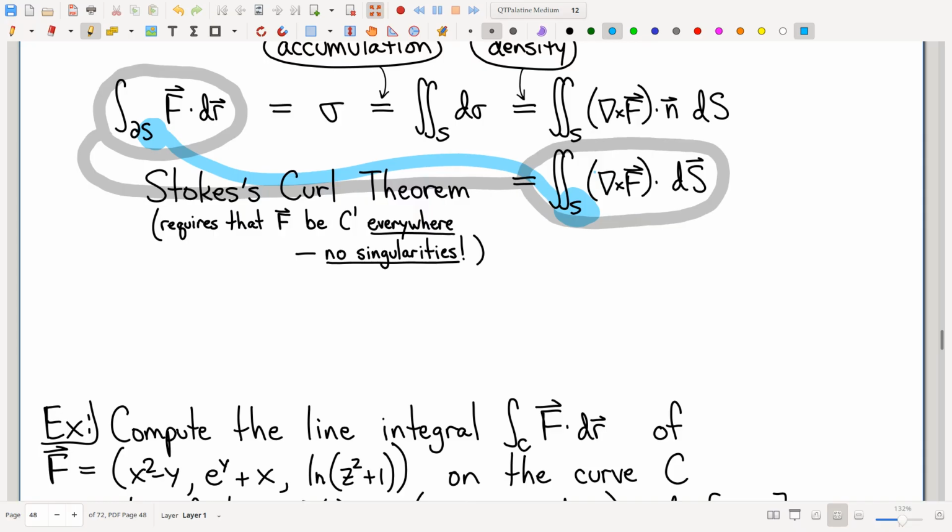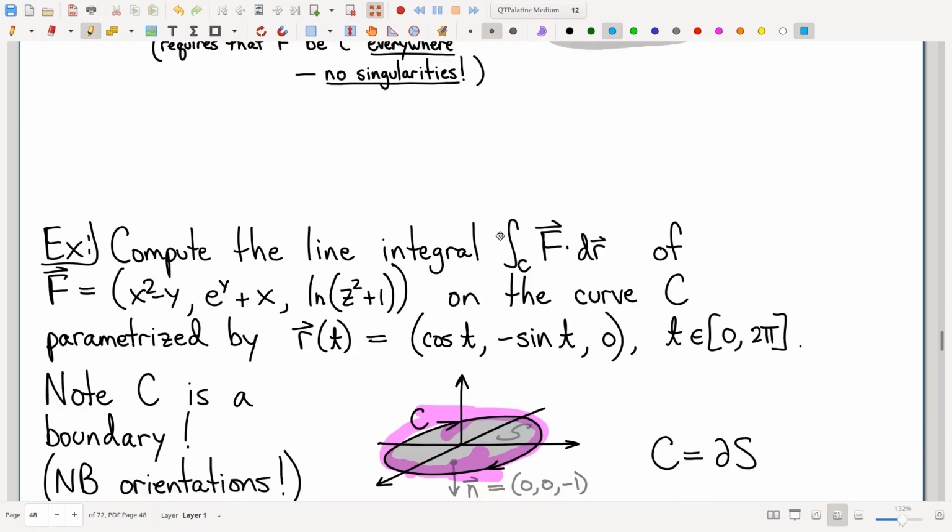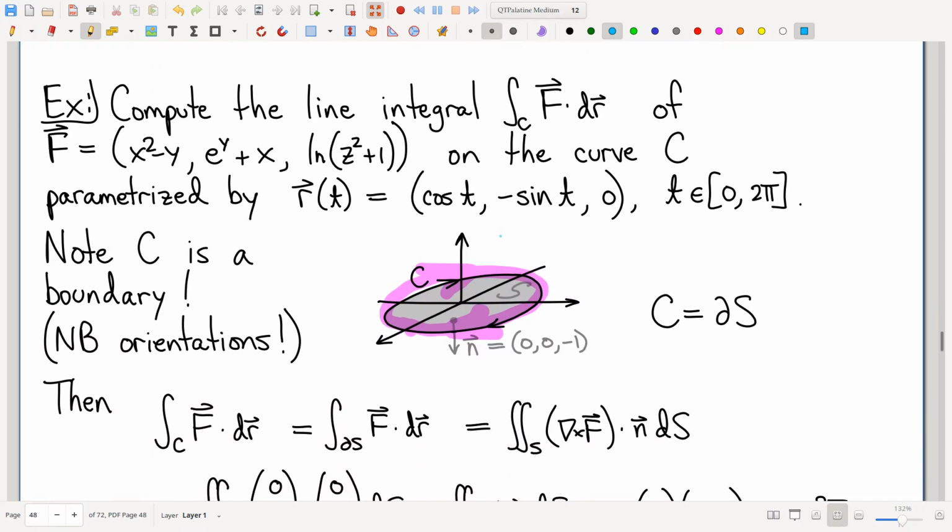So again, nonsense if it's not a boundary. So this is something to be very seriously worried about, and we've got to address this question: is this curve a boundary? I kind of regret having drawn this with the highlighter. Let me do this with the pen. It'll show up a little bit better. Yeah, that's better.